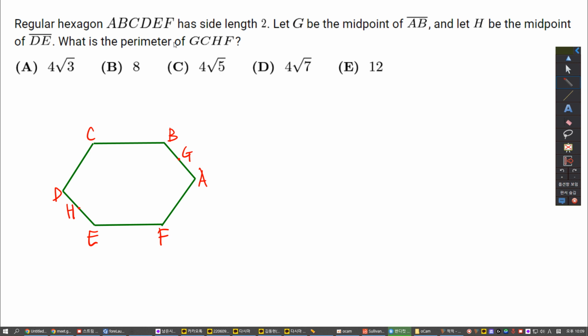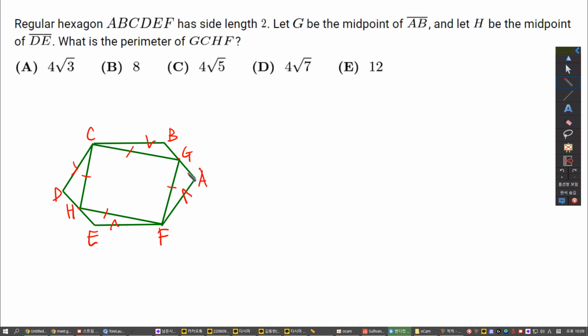So if we make a quadrilateral GCHF, we want to find the perimeter of this quadrilateral. Because these outer triangles are all congruent, these lengths are all equal. So that means this quadrilateral is a rhombus.